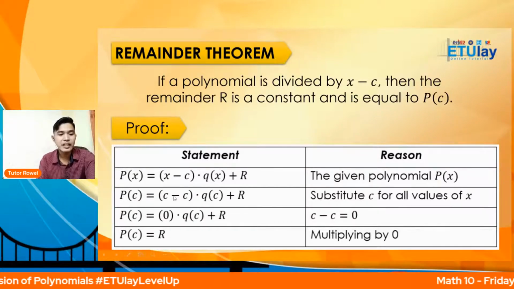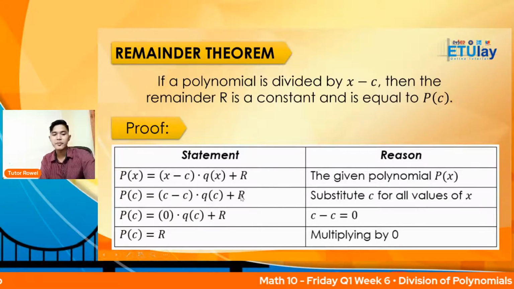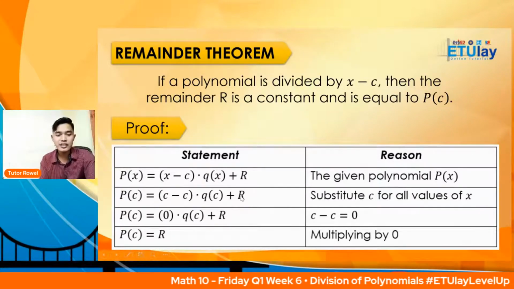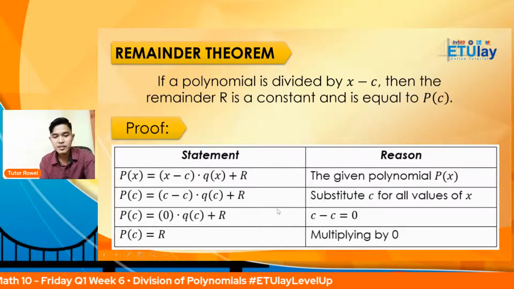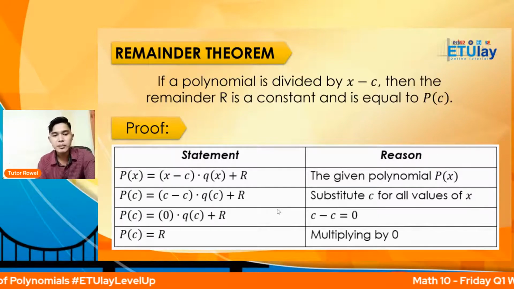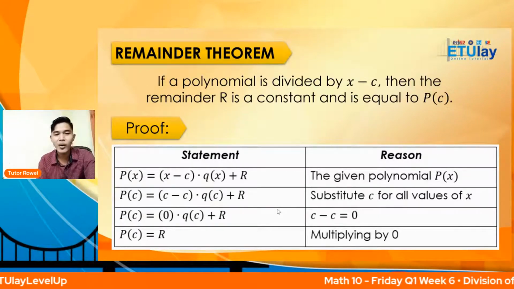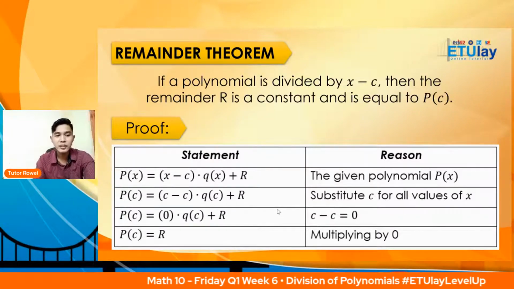Kaya naging siyang c minus c times q of c plus r. So, c minus c, that is 0. So, times q of c, magiging 0, kaya natira na lang si r. So, it means that p of c is equal to r. So, that is under remainder theorem.